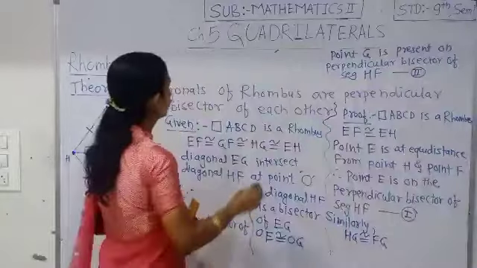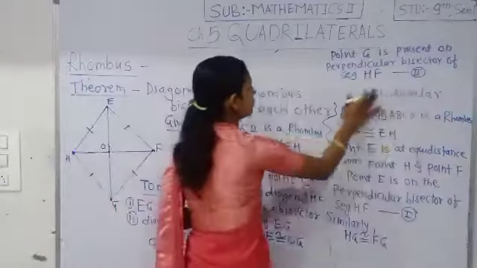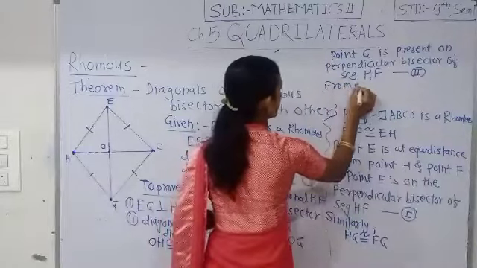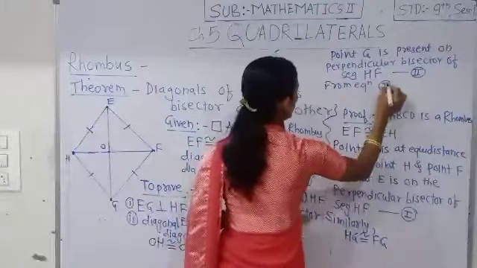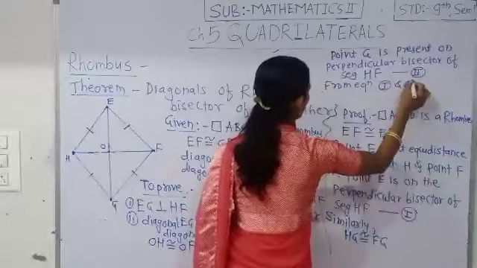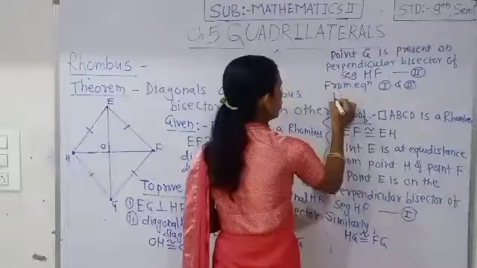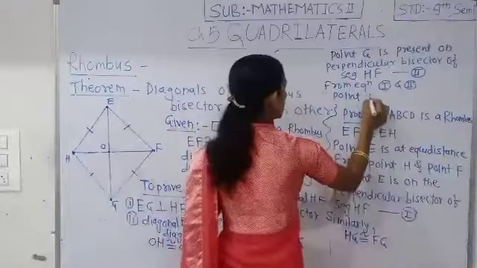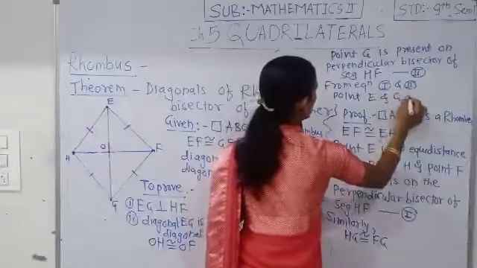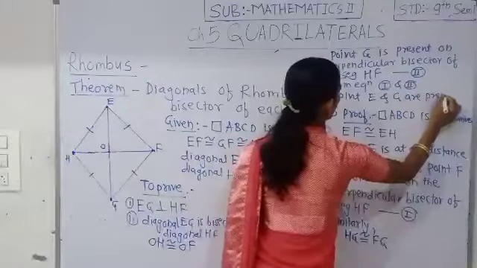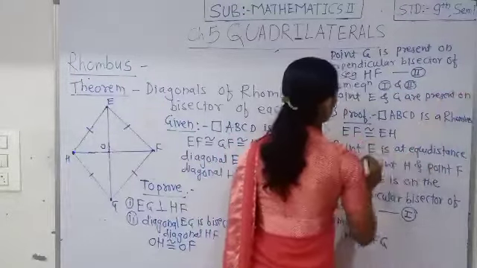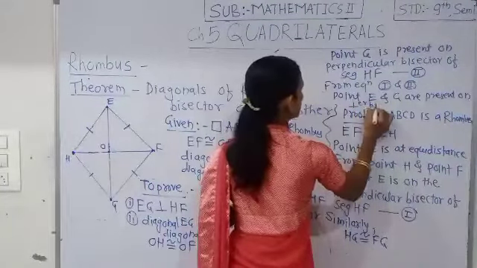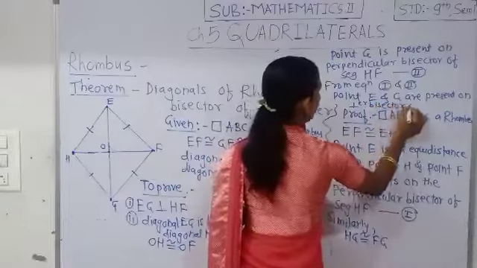Then see here, from equation number 1 and 2, that points E and G are present on the perpendicular bisector of HF.